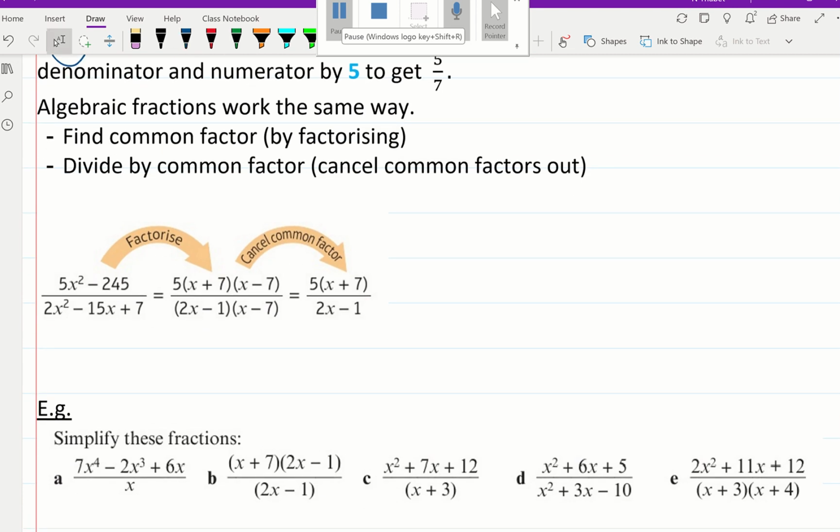So an algebraic fraction like this, you would factorize each part, and then you would look at the common factor x minus 7 and x minus 7, that's the common factor. So we simplify that and we leave this. You don't have to multiply it out unless they specifically ask you to give it in a certain form.